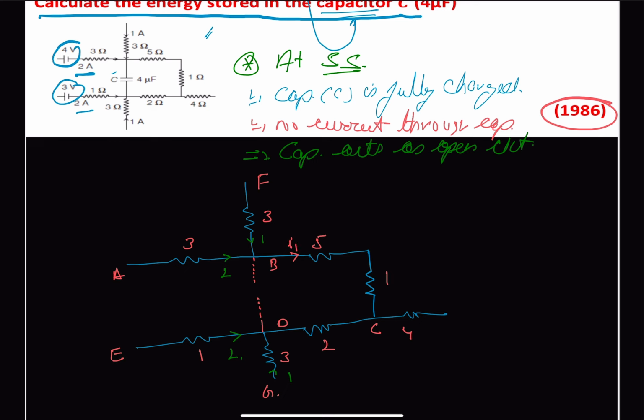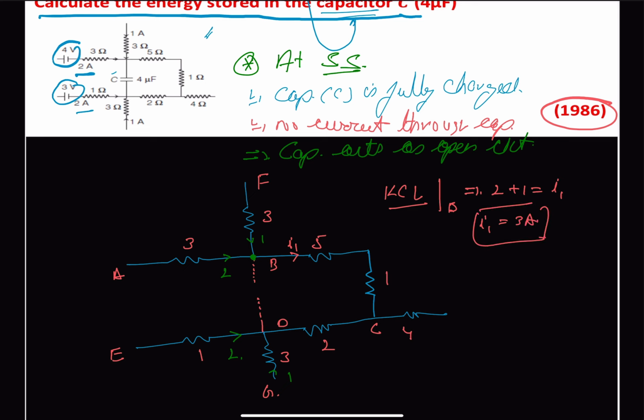And if we use Kirchhoff's current law at node B, incoming current is 2 plus 1, which will be equal to the outgoing current, that is I1. So we get I1 is equal to 3 ampere.